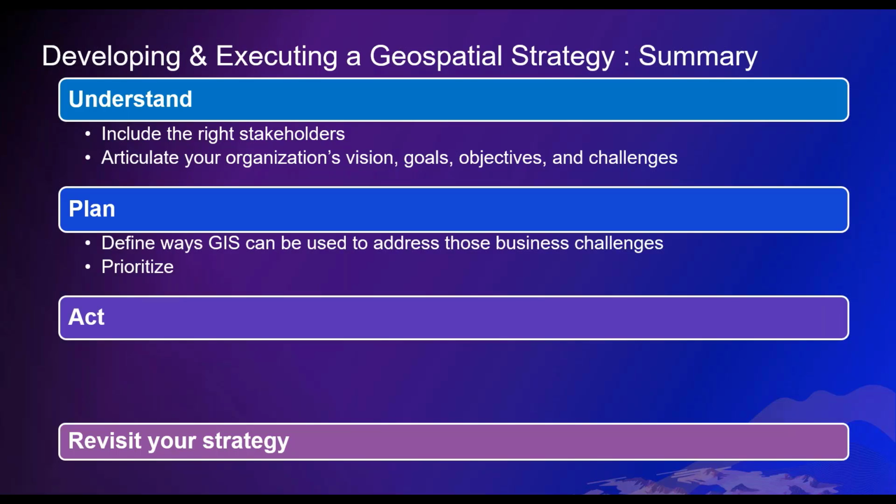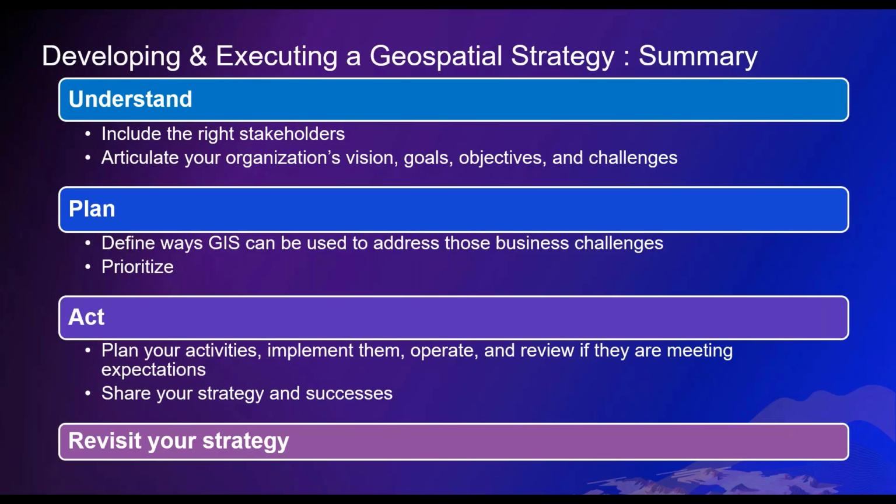In the plan phase, you define ways GIS can be used to address those business needs and prioritize those needs. In the act phase, you plan your activities, implement them, operate, and review if they're meeting your expectations. Then once you complete all of your activities needed to reach point B, you revisit your strategy and do this all over again.